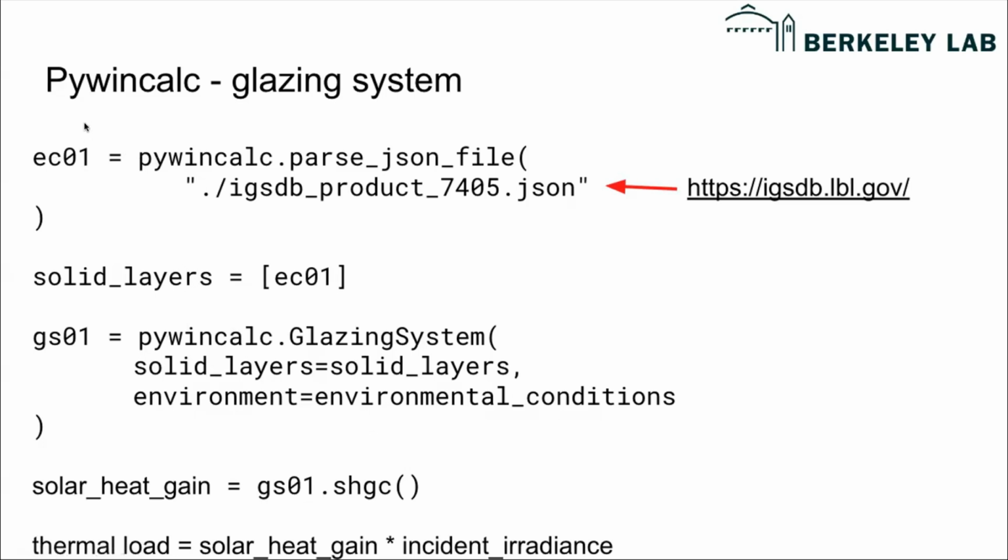You put this JSON file into your glazing system, and then PyWinCalc is going to build that window system for you, and then you just call solar heat gain coefficient, and then you will get the coefficient for this specific glazing system that you built. And then you multiply the solar heat gain by the incident irradiance, you will get your thermal load.